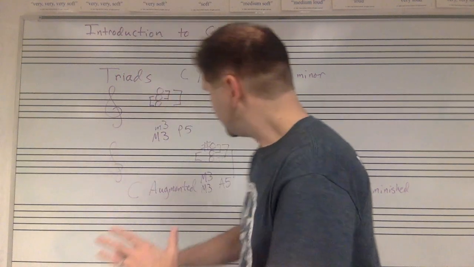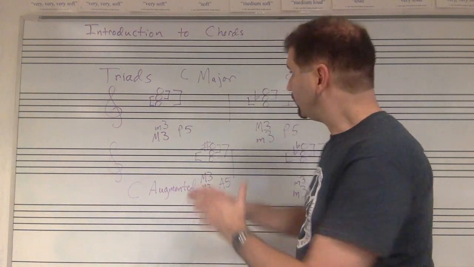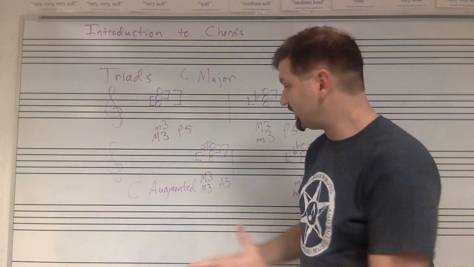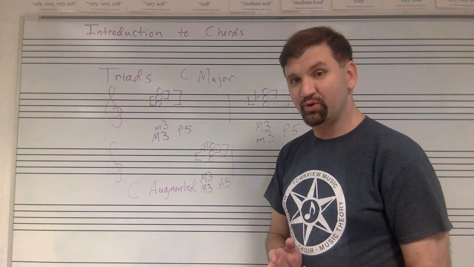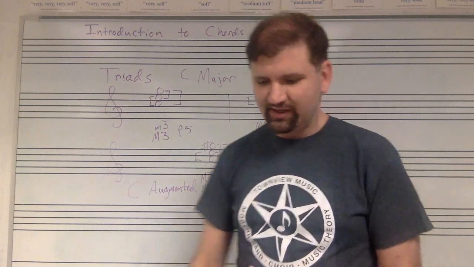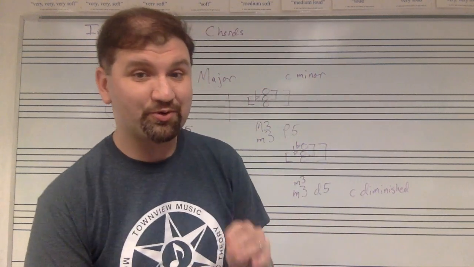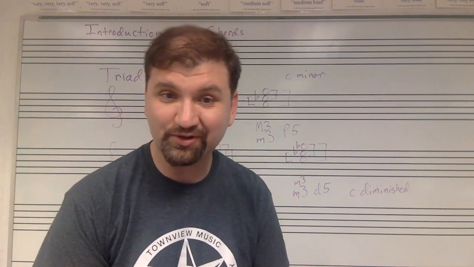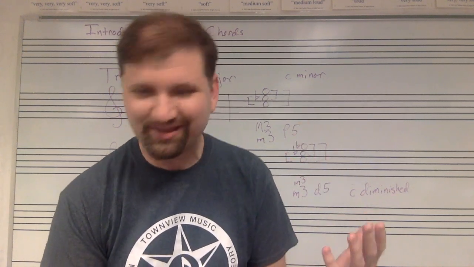Well, now we have the augmented chord. Before we saw a major third and a minor third produced a major chord. With the augmented chord, now we have two major thirds. So if the C major chord was happy, the C augmented chord has even more major intervals in it. It should be really happy, right?